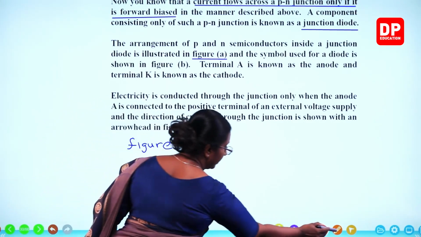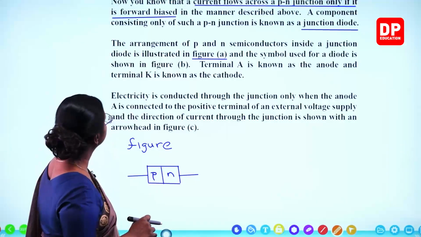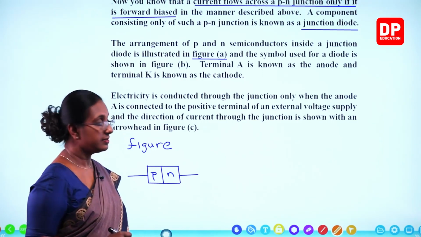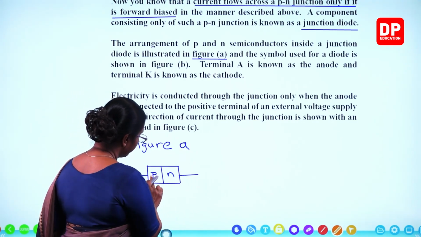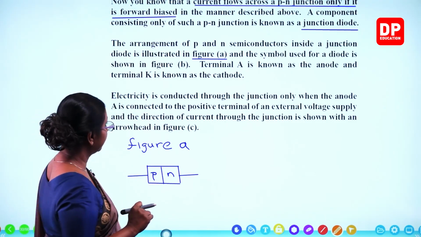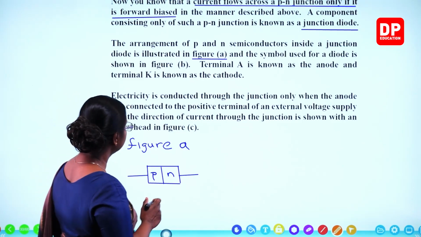This is how we denote that. This is figure A. Is that clear? And the symbol used for a diode is shown in figure B.